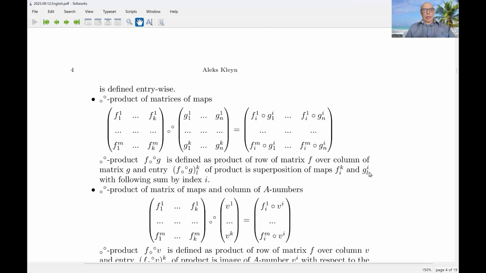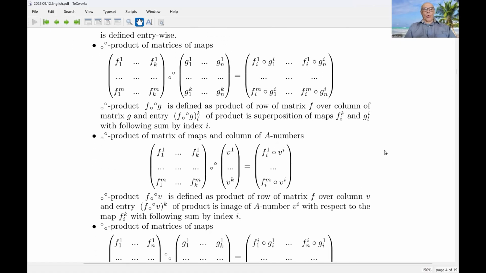The row-column product of a matrix of maps and a column of n numbers is defined as the product of rows of matrix F by the column of matrix V. An entry of the product is the image of the number V^i with respect to the map F_i^k with the following sum over index i.